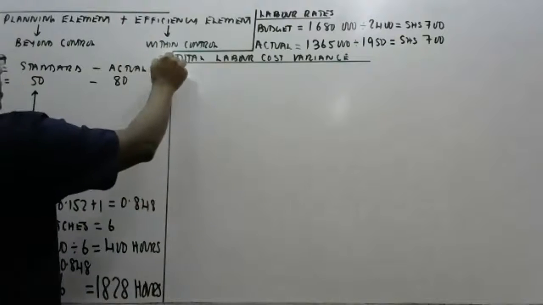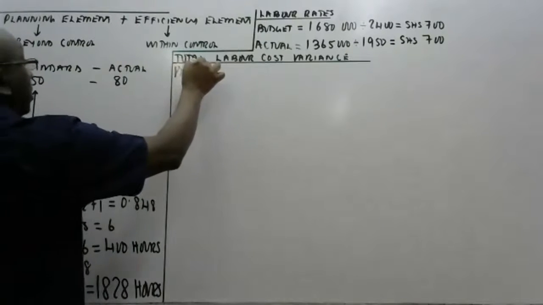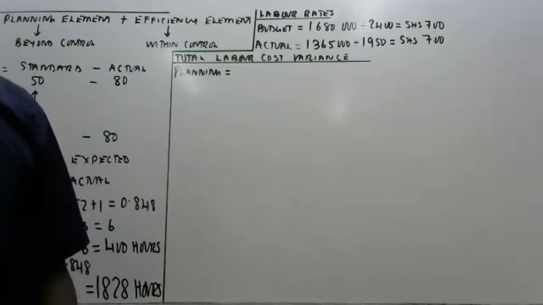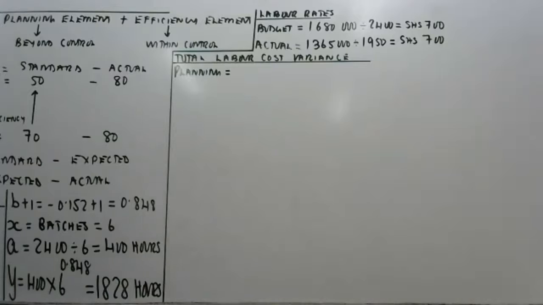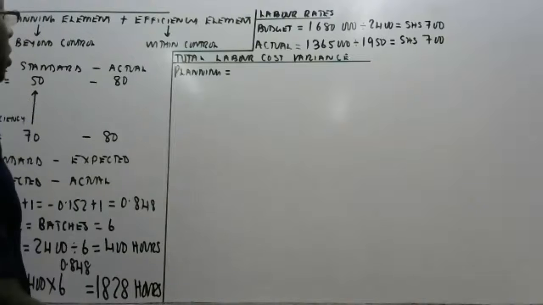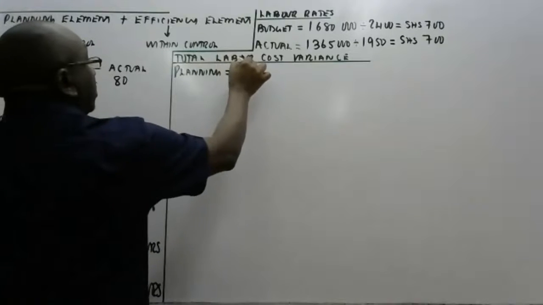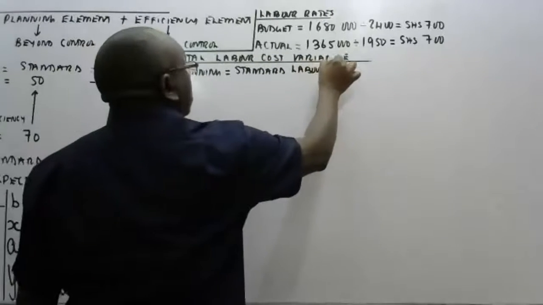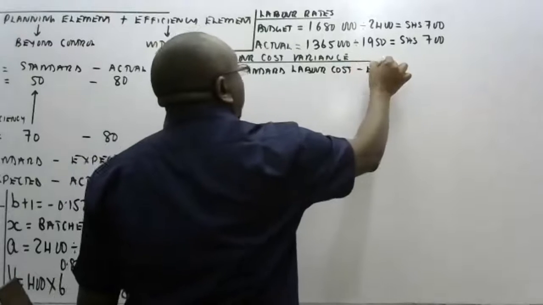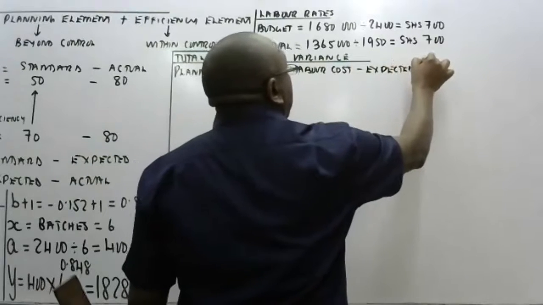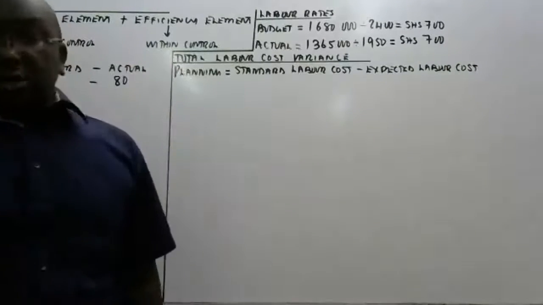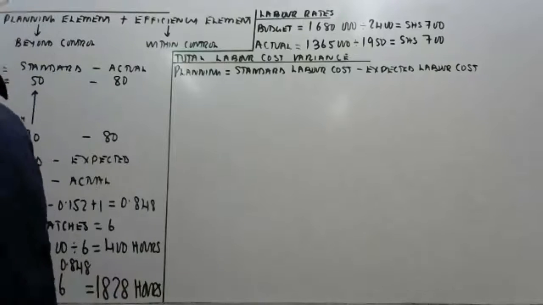So if I start with the planning, as per the formula of the planning, it is the standard labor costs minus the expected labor costs.